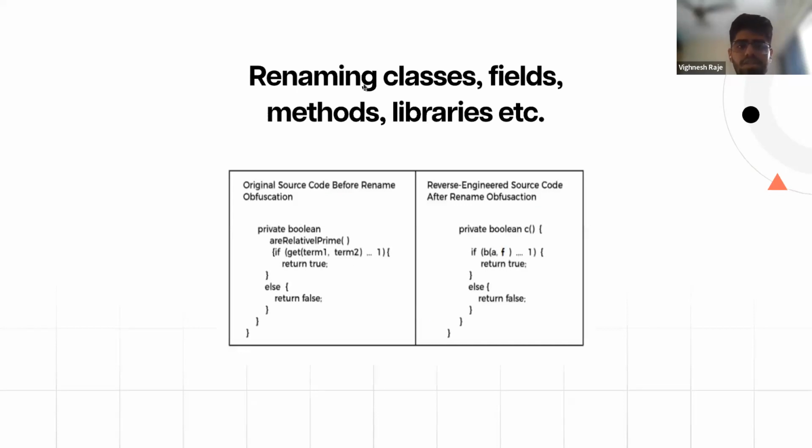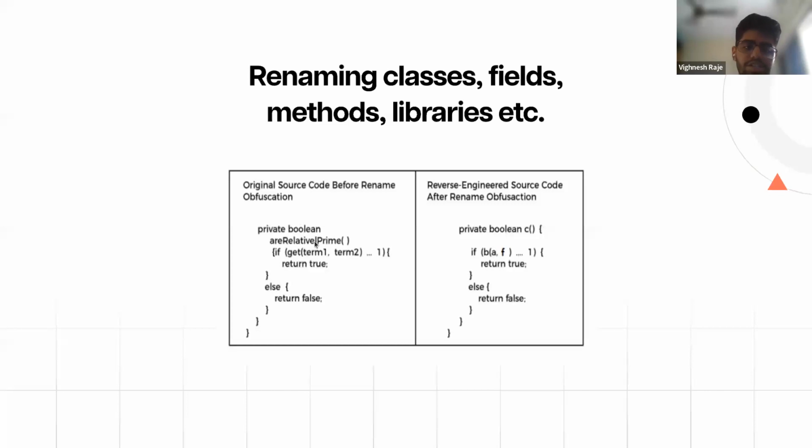First is renaming the class names, field names, method names, etc. On the left, you can see what the original source code looks like. You can pretty clearly see the function names, the variable names, etc. On the right side, this is what the obfuscated code looks like, where the function names and all are obfuscated.